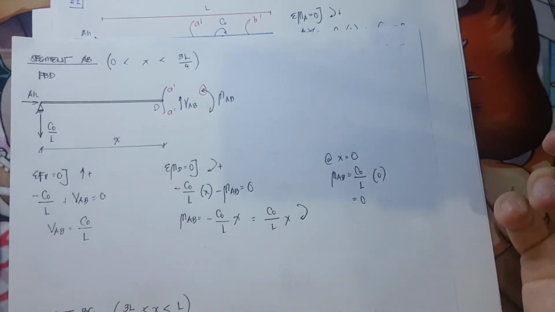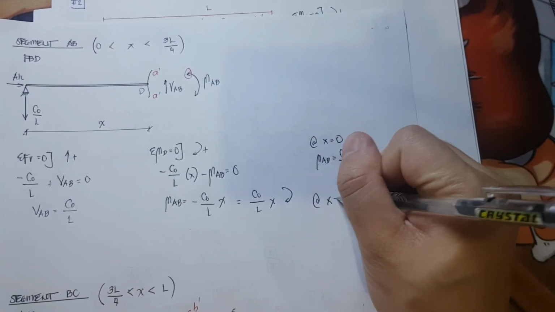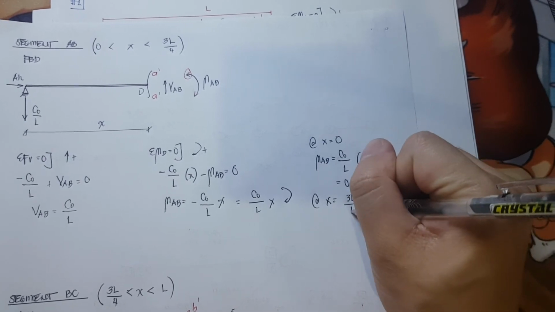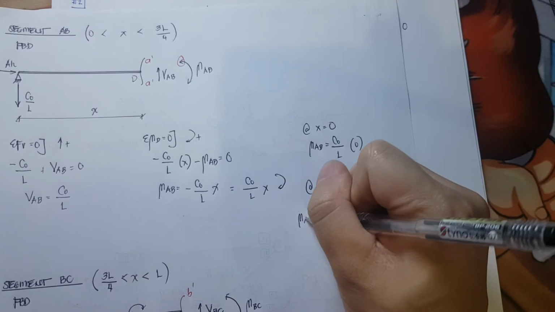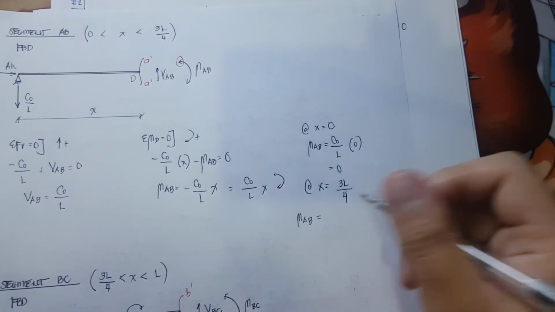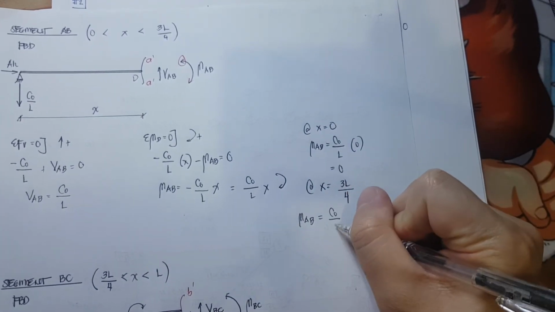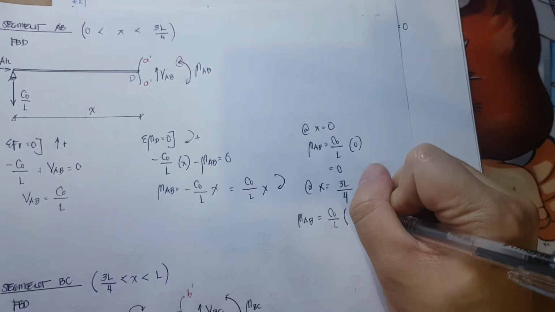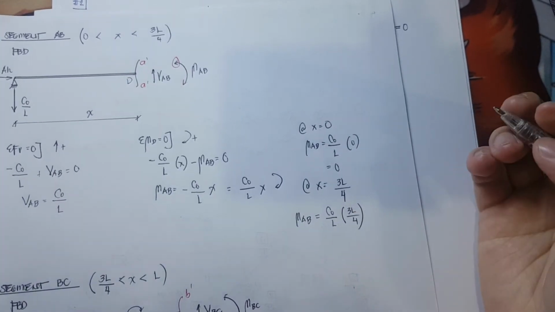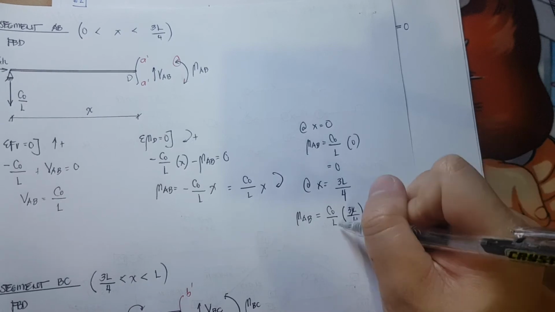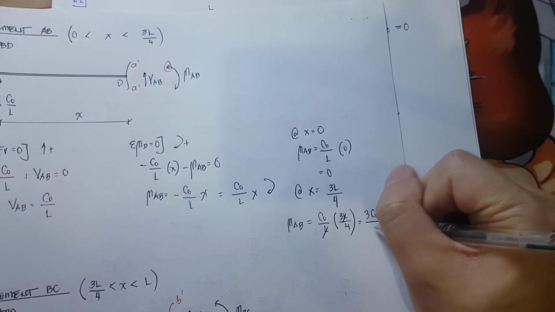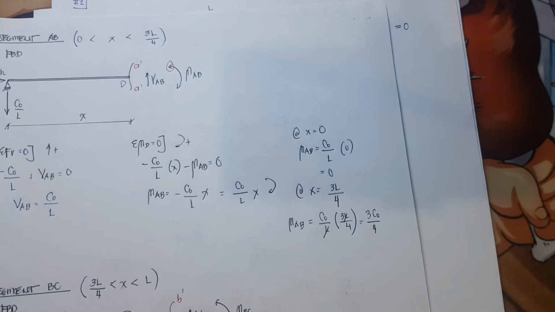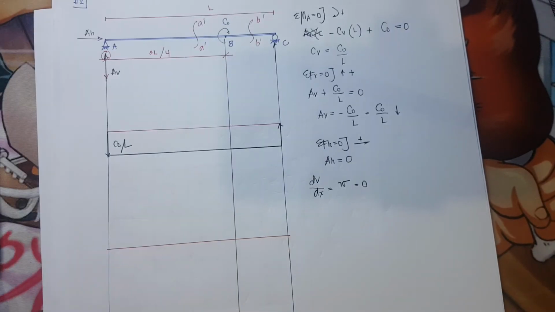It is 0. At x is equivalent to 3L over 4, MAB is equivalent to C's of naught over L times 3L over 4. So L will cancel out, so we have here 3 C's of naught over 4. Okay, so we plot that.